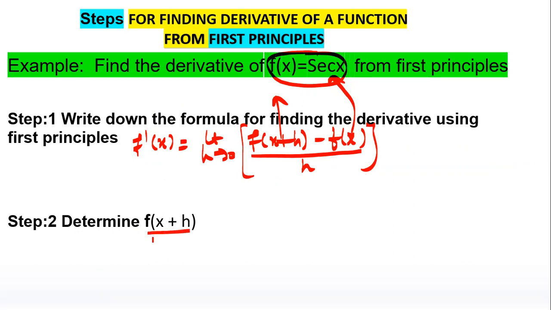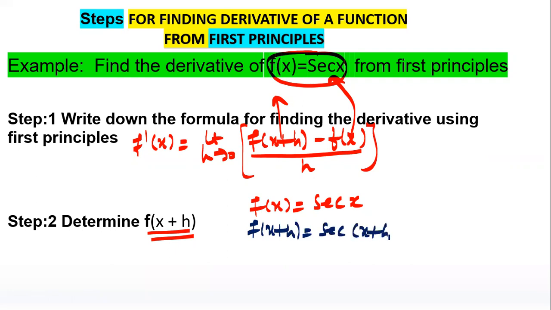Now find the value of this, because f(x) is secant of x. I will simply write it as sec x. f(x+h) will be sec(x+h). x will be replaced by x plus h on both sides.